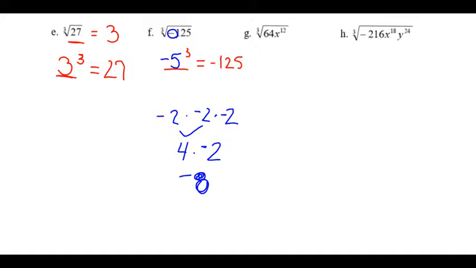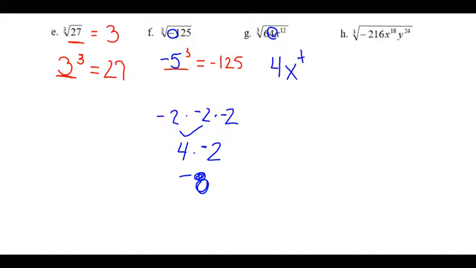All right, for G, again, we have a number and a variable. So we're going to divide our index into our variable, just like we did with our square roots. The cubed root of 64 is going to be 4, because 4 times 4 times 4 will give me 64. And 3 will divide into 12 4 times, so it'll be x to the 4th.